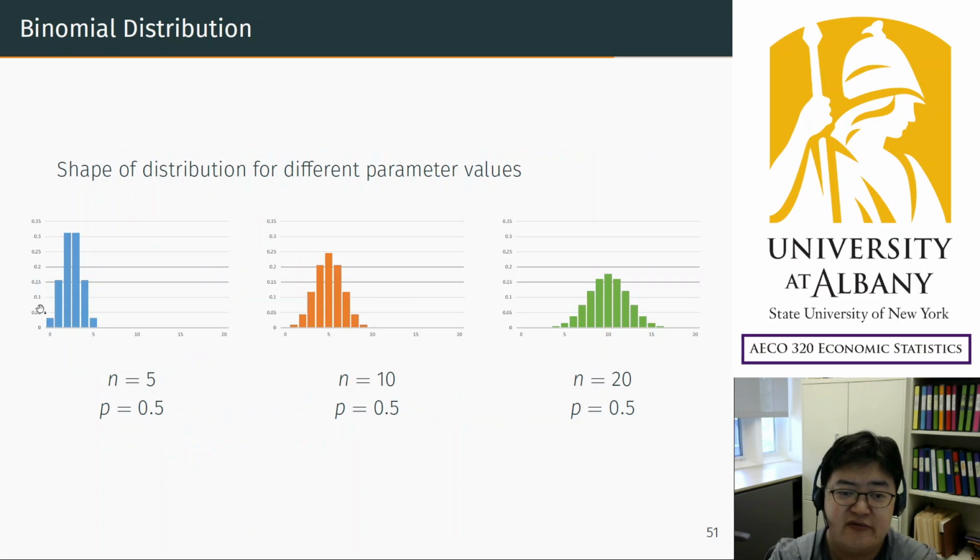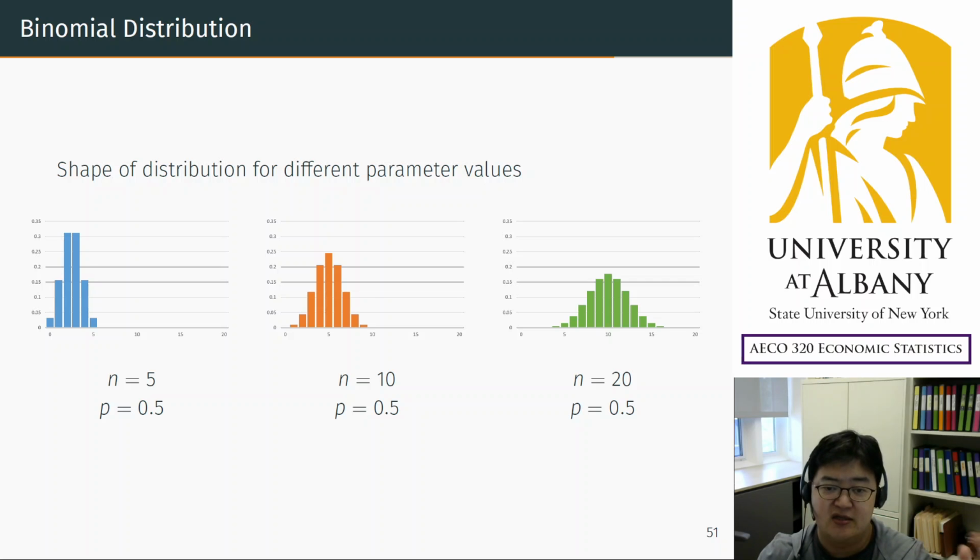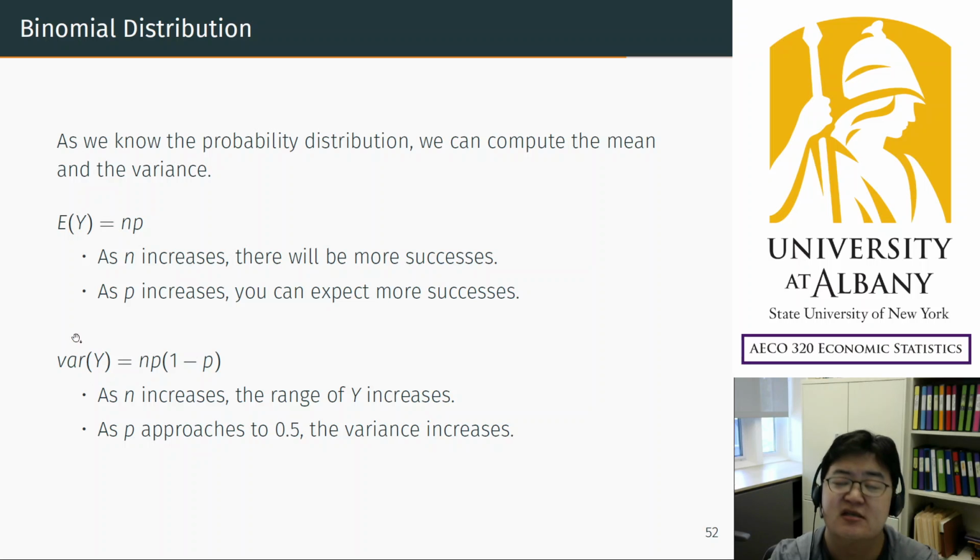As you could see from this graph, as n increases, the shape of the distribution becomes more flat and more spread out. So as n increases, the variance would increase. It will be more spread out. And the second part, p times 1 minus p, has the same intuition as the binary distribution.